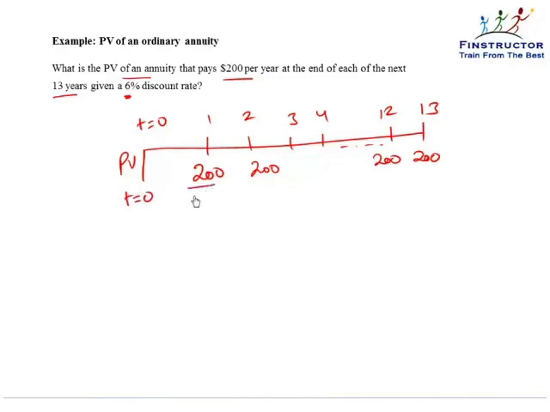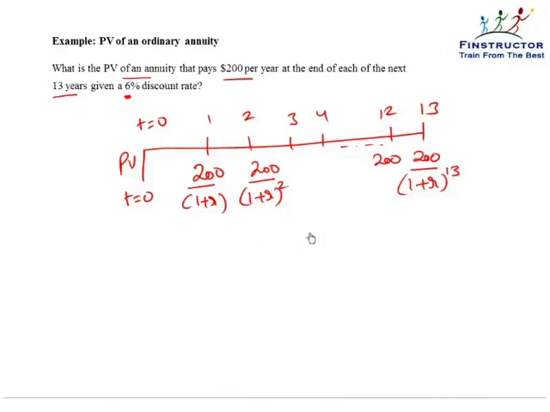Yes, it will be to the tune of 200 upon 1 plus r. The second cash flow is coming at the end of year 2, so the value will be 200 upon (1 plus r) to the power 2, so on and so forth. The last cash flow will have a value of 200 upon (1 plus r) to the power 13. R is given in the question, and so are the other inputs.